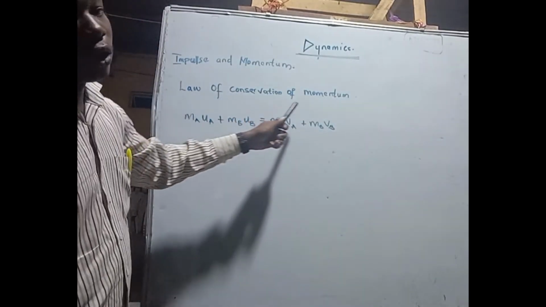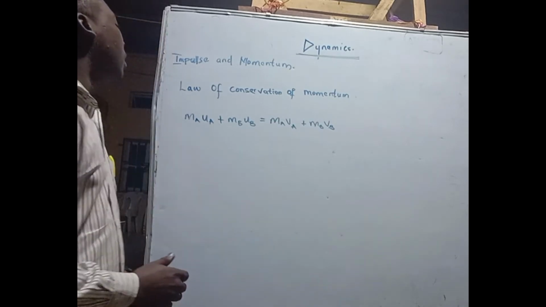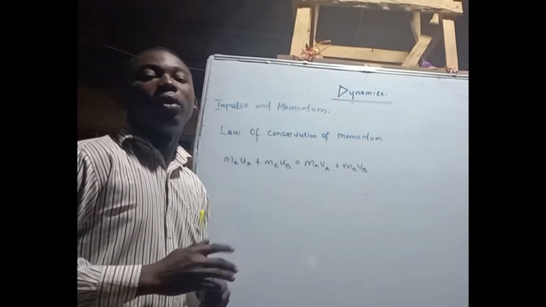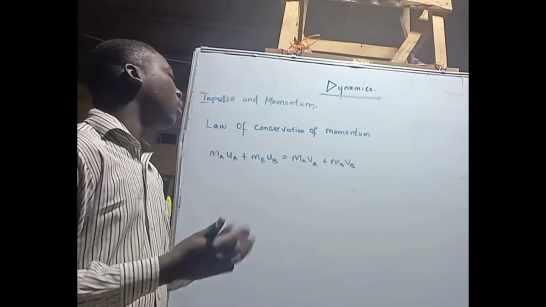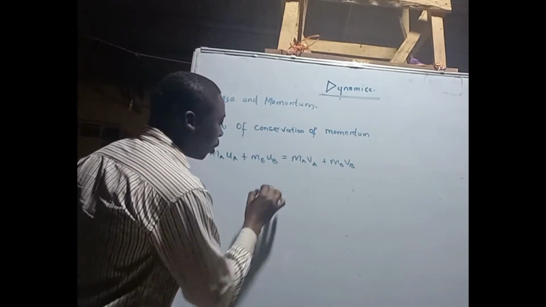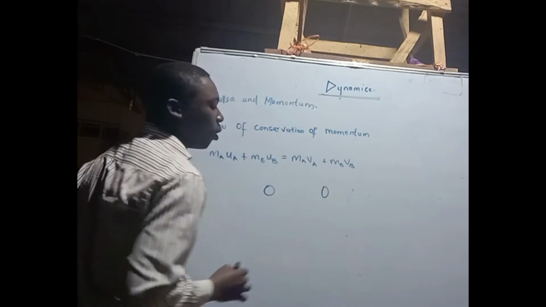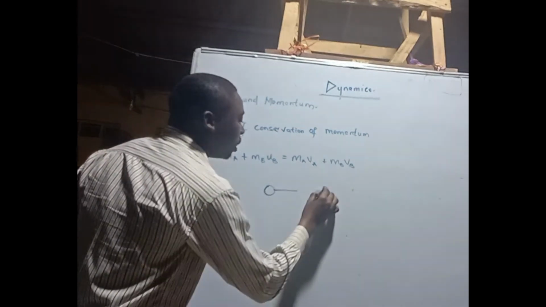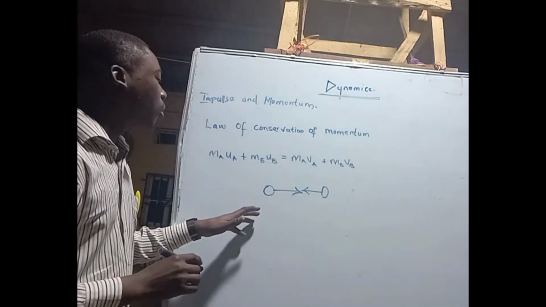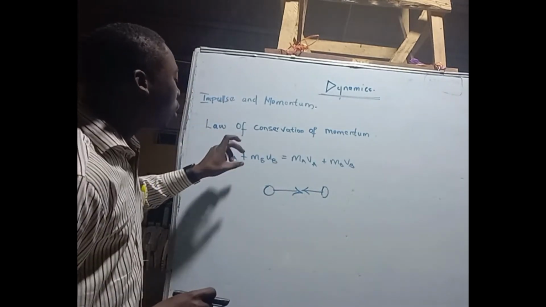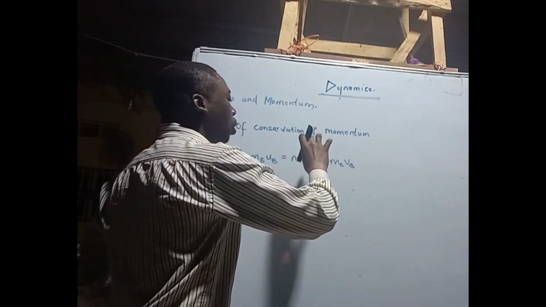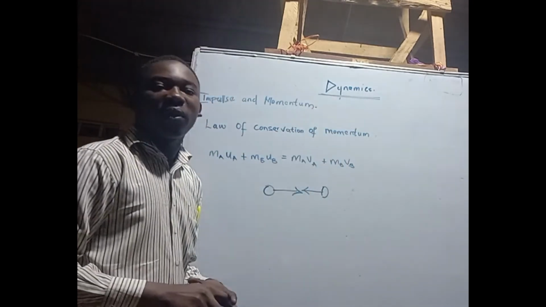The law of conservation of momentum, briefly, is talking about the product of the mass and velocity of objects that collide. When you have object one and object two, if the two objects collide together, the summation of the individual momentum before collision is equal to the summation of their momentum after collision.